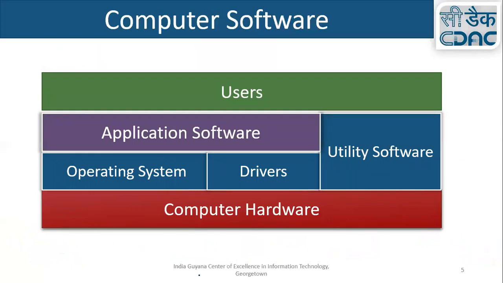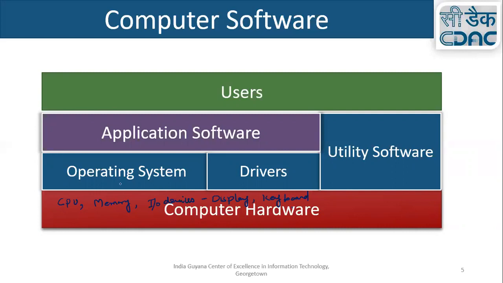So here at this layer, you have your CPU, your memory, all your I/O devices like your display or keyboard, input devices. These things come under the category of hardware.